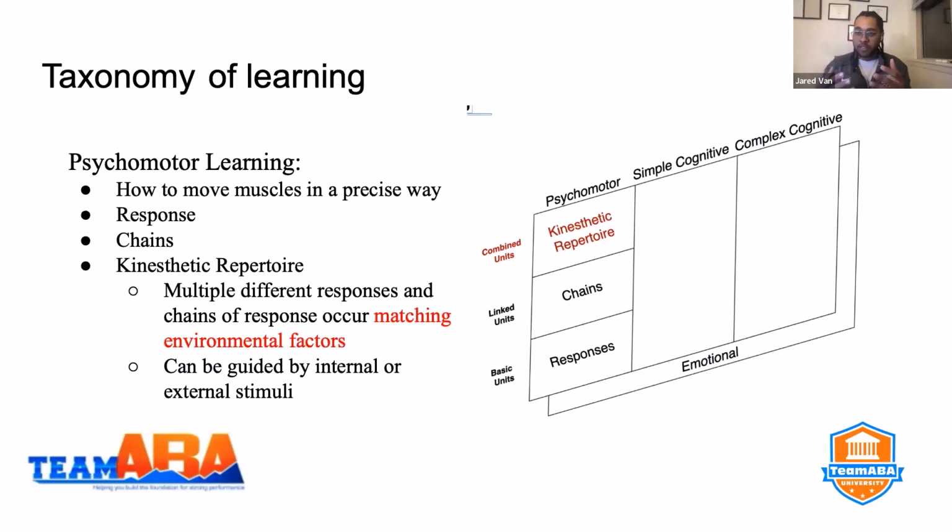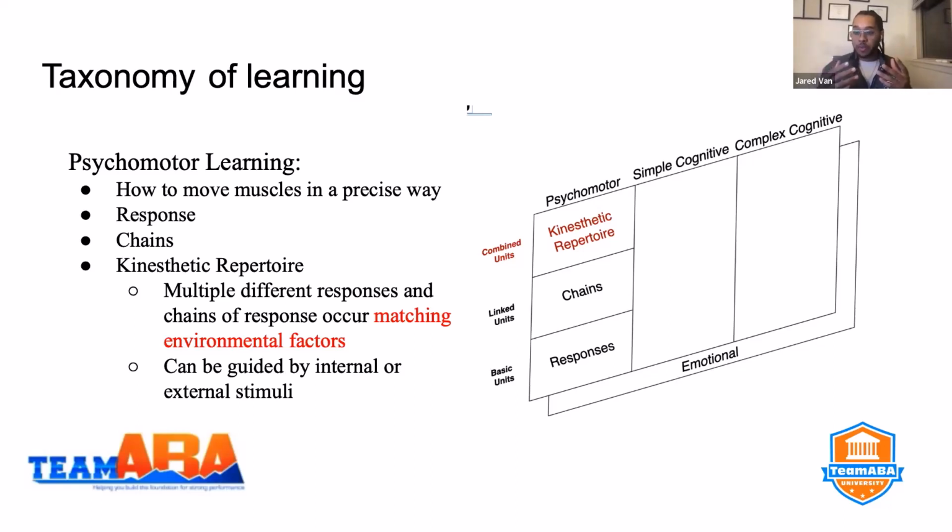These are responses, and then chains are built up of multiple responses in a specific sequence that's the same every time. And then we get to the kinesthetic repertoire, which is multiple responses and chains of responses occurring, matching environmental factors. When Kirk was earlier talking about plays having to be used correctly in actual game performances, this is where that kinesthetic repertoire is going to show up.